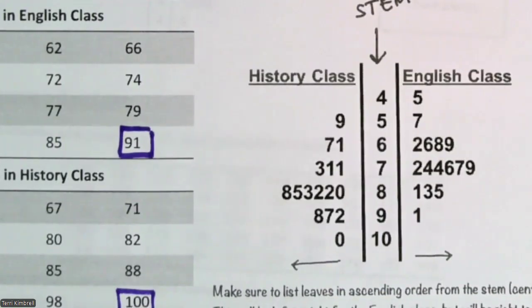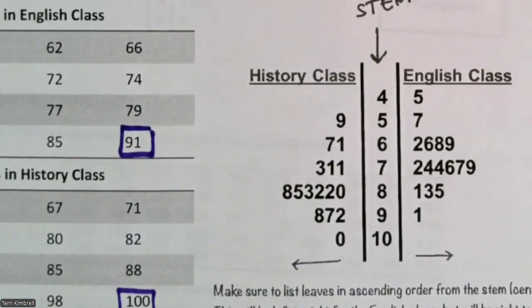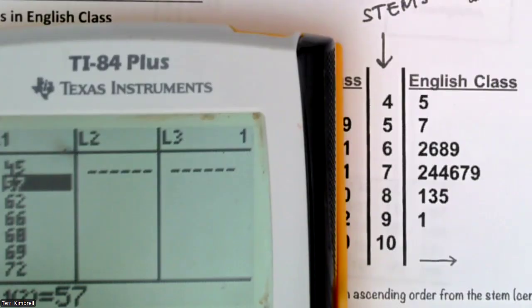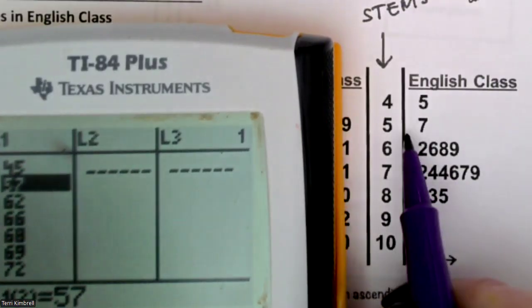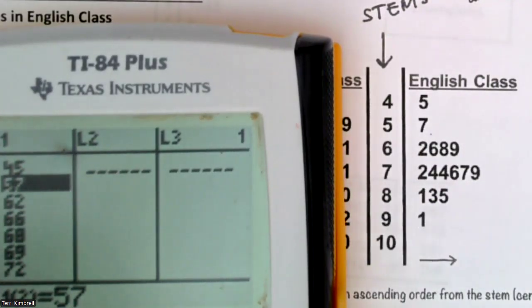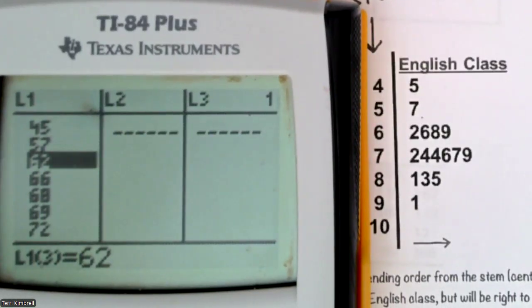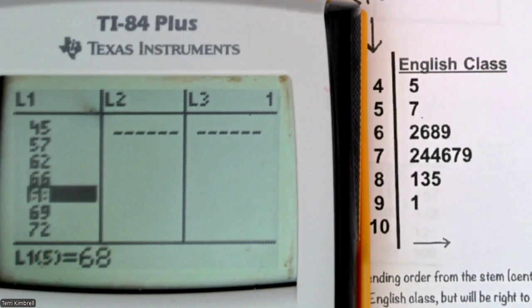Now, you read the stem and leaf from the middle. So when you look at your English class and you were to look at that next score, you see here it's a 57. So I would put a 7 here. My next score in English was 62, 66, 68, and 69. So I would list 2, 6, 8, and 9.